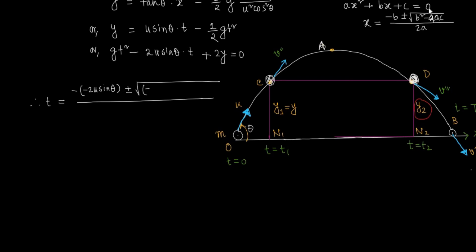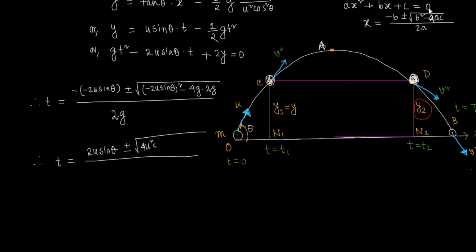So using this formula, under the root, minus 2u sin theta whole square minus 4g into 2y, divided by 2g. Therefore t is equal to 2u sin theta plus or minus root of 4u square sin square theta minus 8gy, divided by 2g.